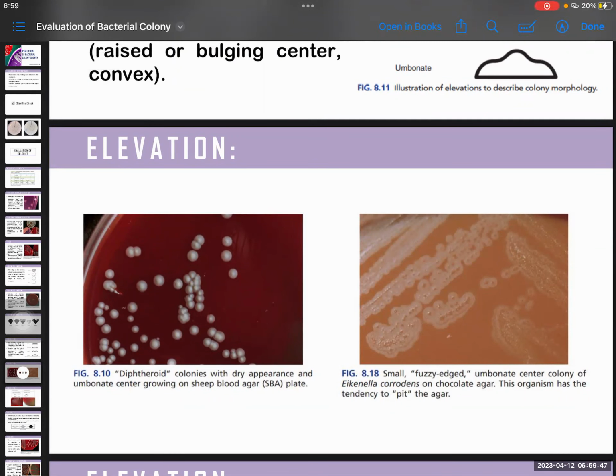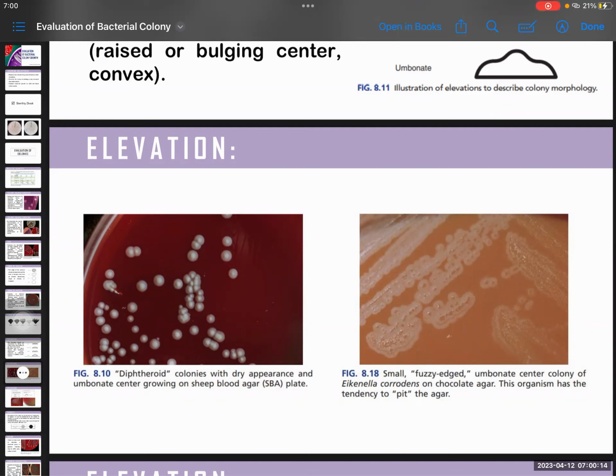So for figure 8.10, these are diphtheroid colonies with the appearance of an umbonate center growing on sheep blood agar. Okay, so diba meron parang bulge at the center. That's why we describe them as umbonate colonies. How about for figure 8.18? So this is also an umbonate colony.